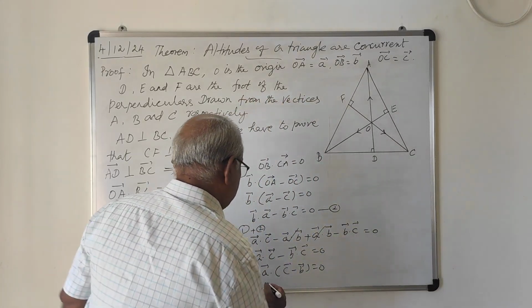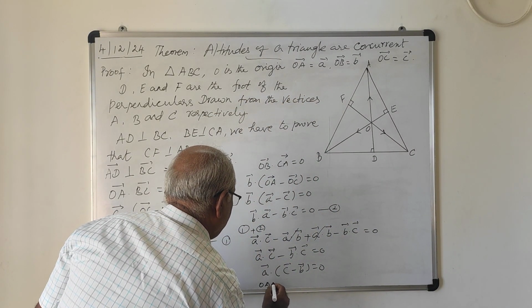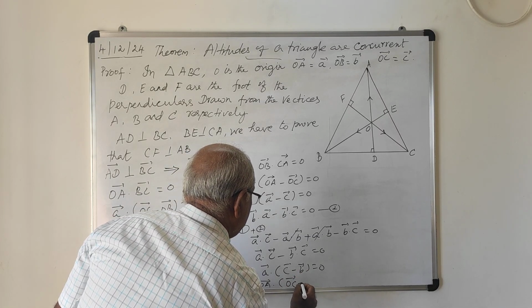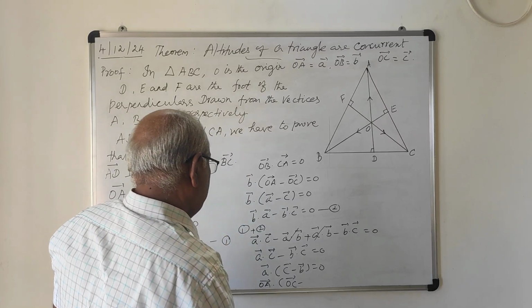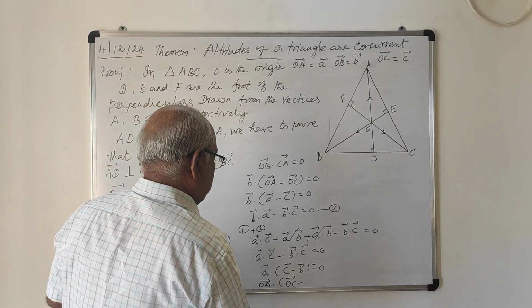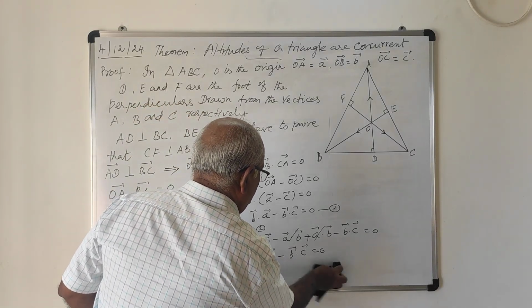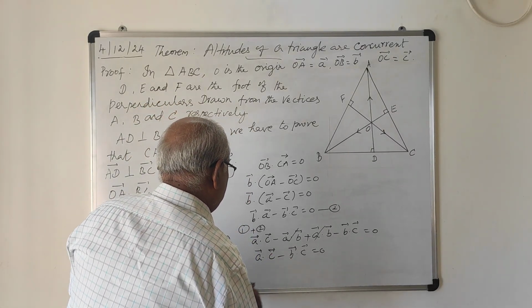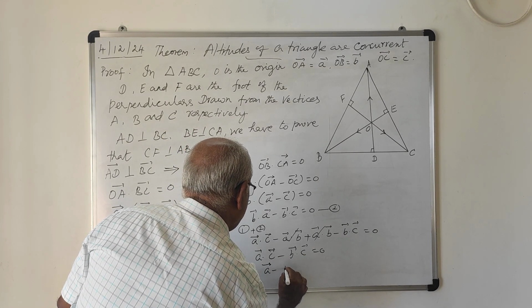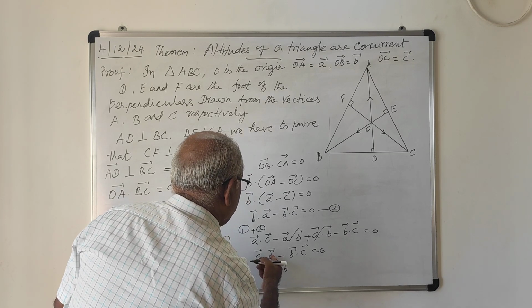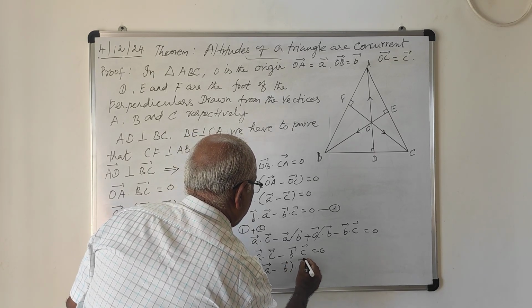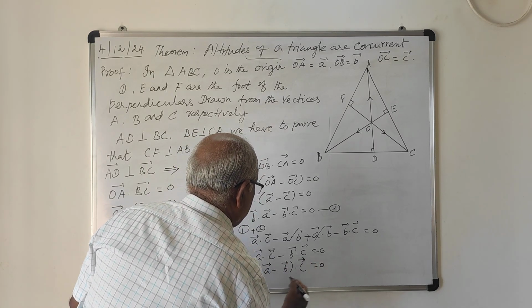A dot C minus B dot C is 0. Since C is common, by distributive law, A dot C minus B dot C is (A minus B) dot C. So (A minus B) dot C is 0.